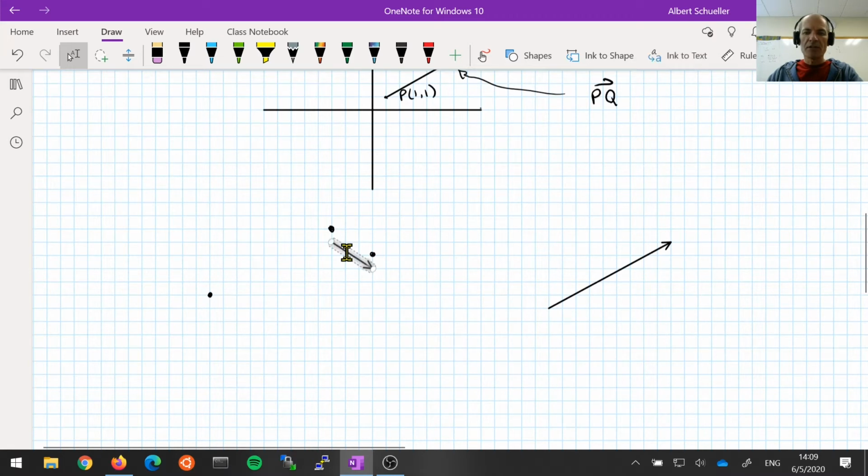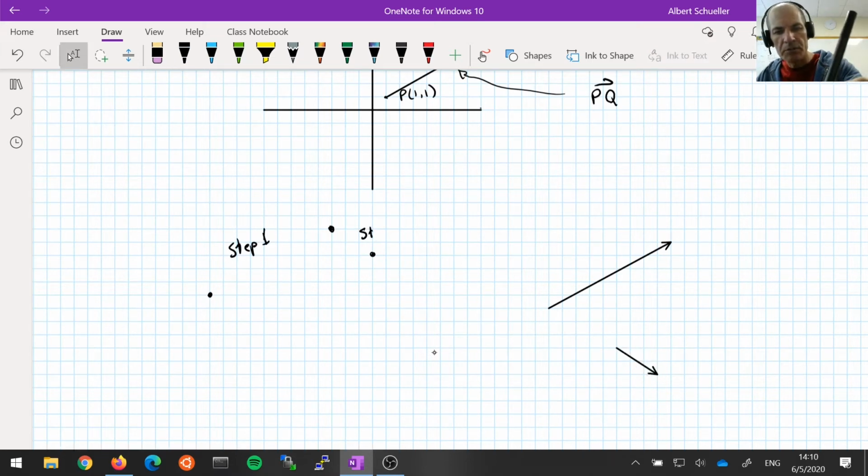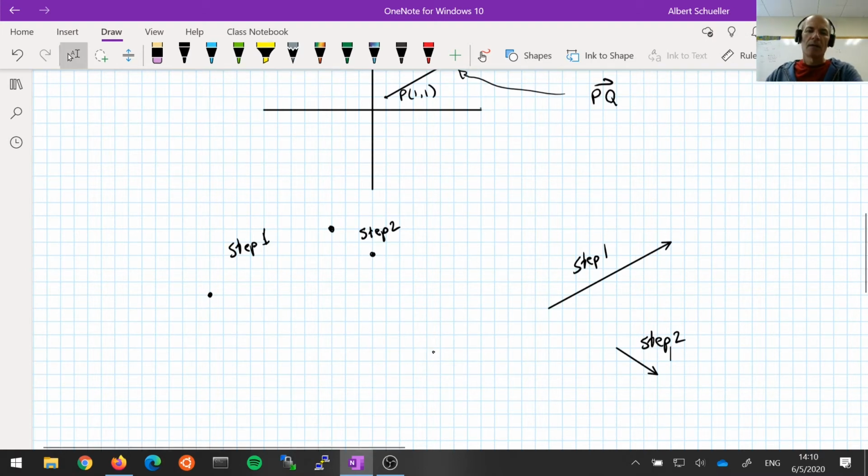So if you imagine these vectors as sets of instructions, here's step 1, here's step 2. Step 1, step 2. A natural thing to do would be to add the instructions together.